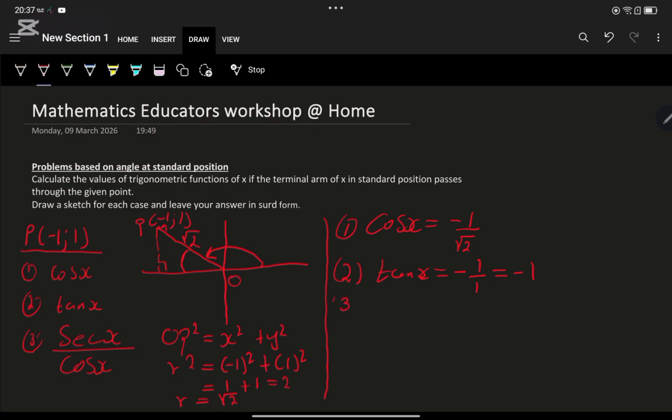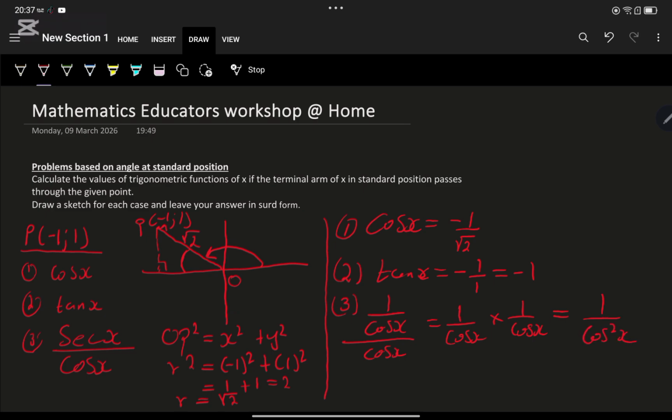And the last one, question number 3, they say sec x over cos x. Now, sec x is the reciprocal of cos. So that is 1 over cos x divided by cos x. This is the same as having 1 over cos x multiplied by 1 over cos x. Now this gives us 1 over cos squared x.